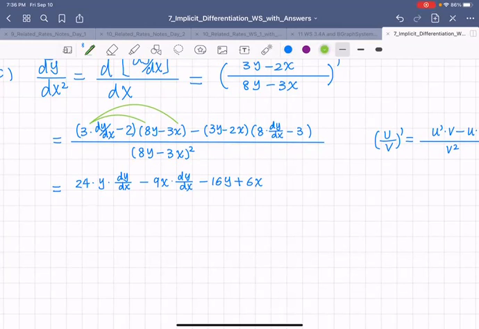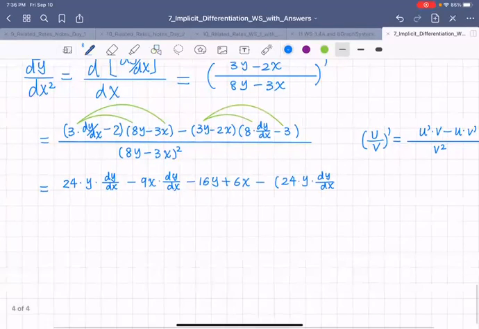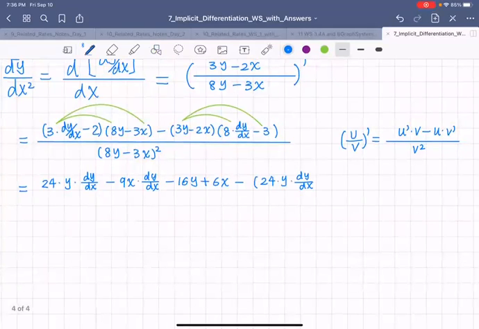Let's do there and there. Go, please. Minus 24y dy over dx. And then minus 9y.